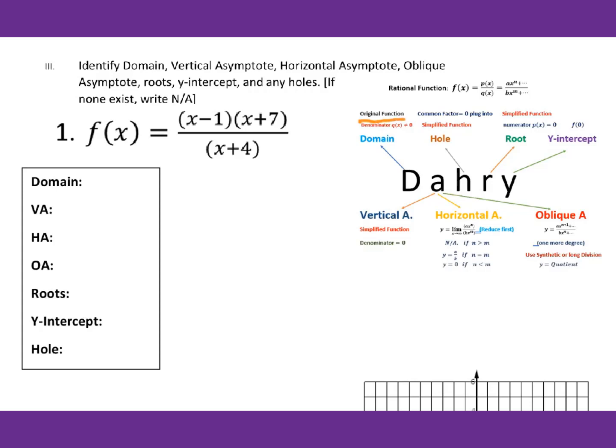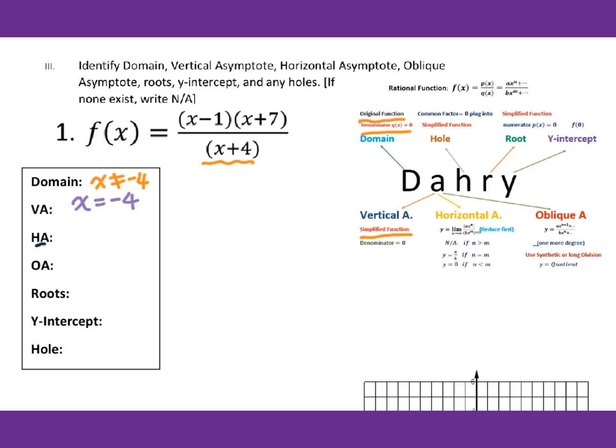Original function and simplified function are the same function now. So domain, we will make the denominator not equal to 0, which means x not equal to negative 4. Then vertical asymptote line will be x equals negative 4.